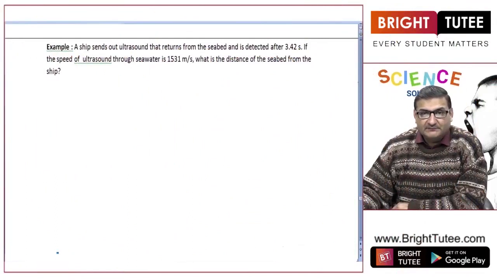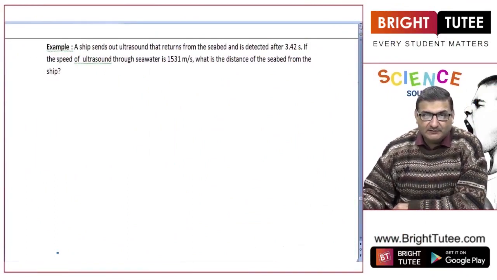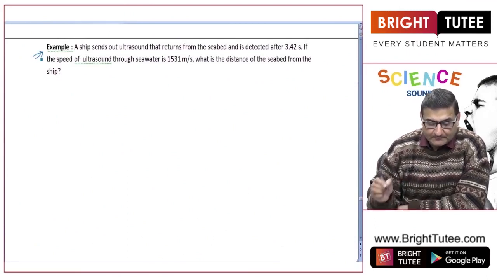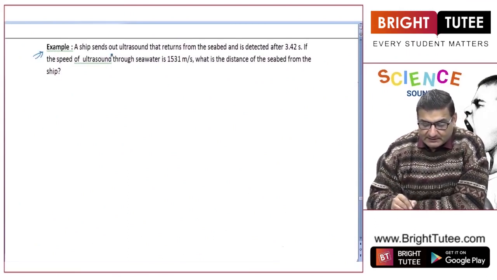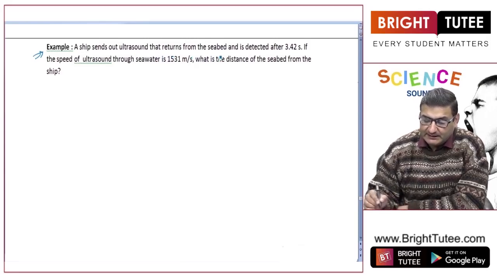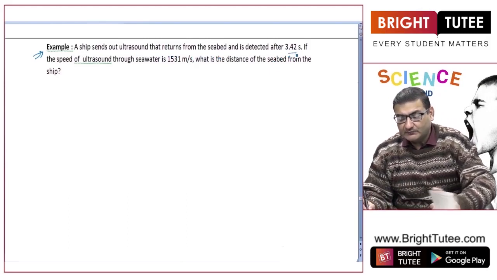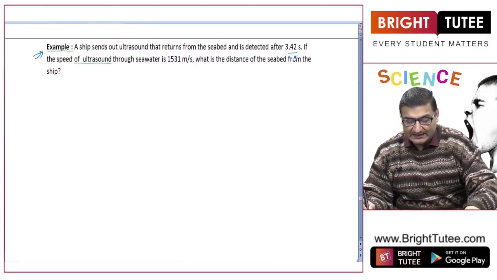Now let us see a few questions based on how to use sonar with the help of the values. A ship sends out ultrasound that returns from the seabed and is detected after 3.42 seconds.